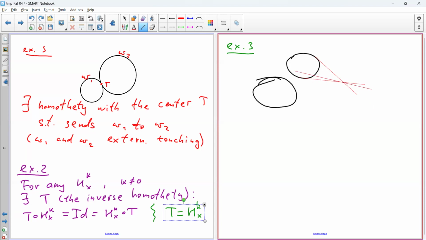So for every point, we draw this vector through the center of homothety, with coefficient -1/2. This is just for the example, right? So it sends this to approximately this.